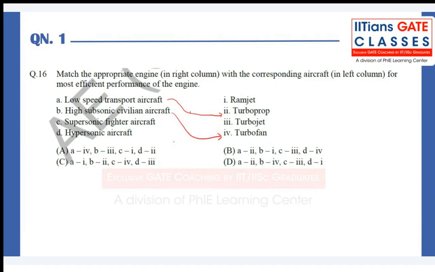For supersonic fighter aircraft, the most reliable engine is turbojet, and for high supersonic and hypersonic, that is going to be the Ramjet engine. Based on this comparison, A goes to 2, B goes to 4, C goes to 3, and D goes to 1. So that is option D, the more appropriate answer. Okay, so moving on to the next question.